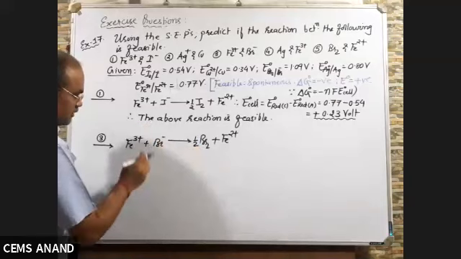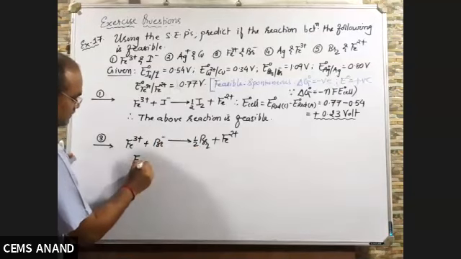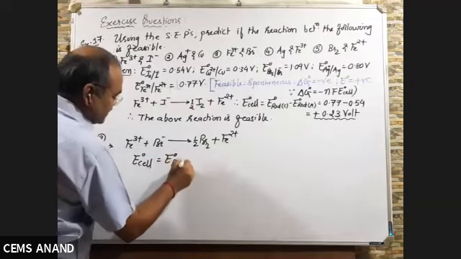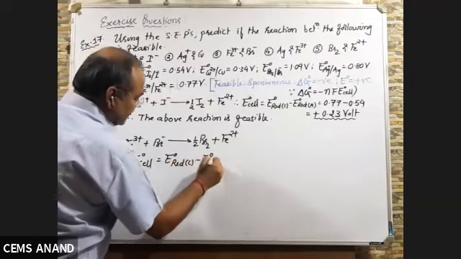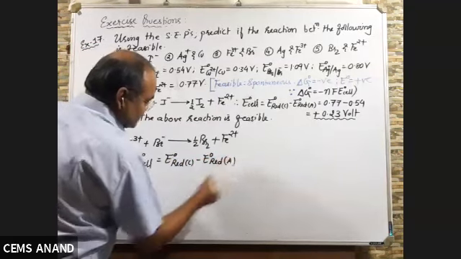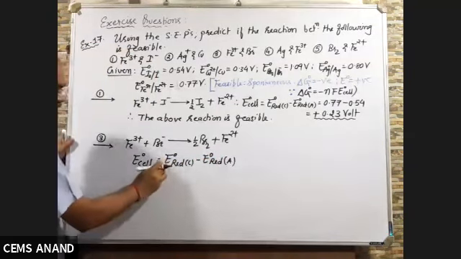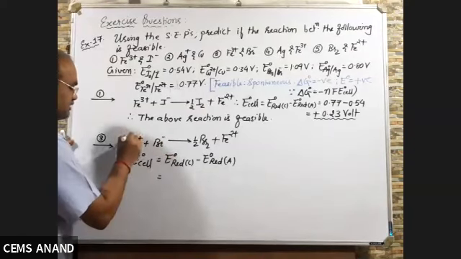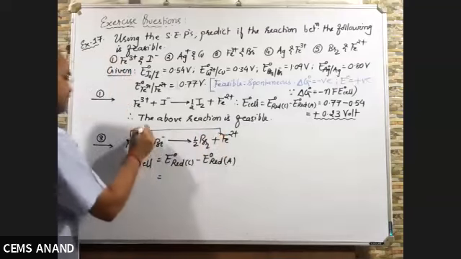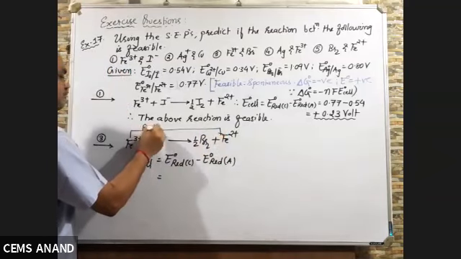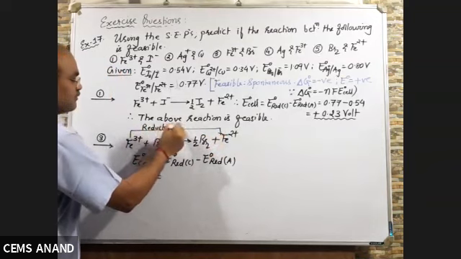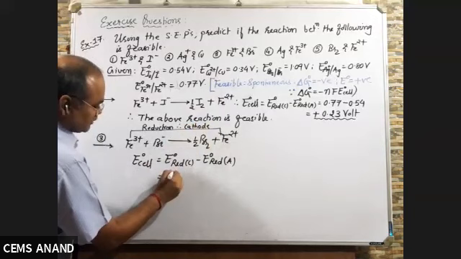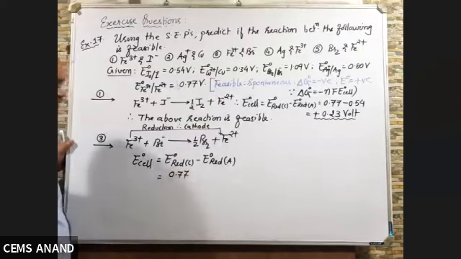Br- is undergoing oxidation. So what will be E cell? E0 cell will be E0 reduction at cathode minus E0 reduction at anode. This is our formula. At cathode, the material which will undergo reduction, so Fe3+, you know the value, it is 0.77 volt.